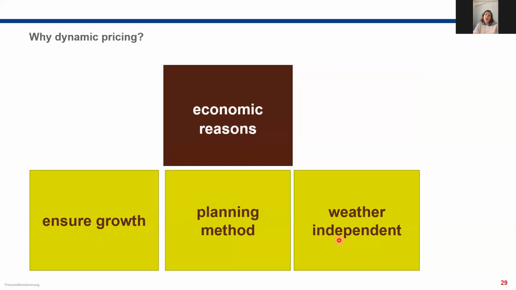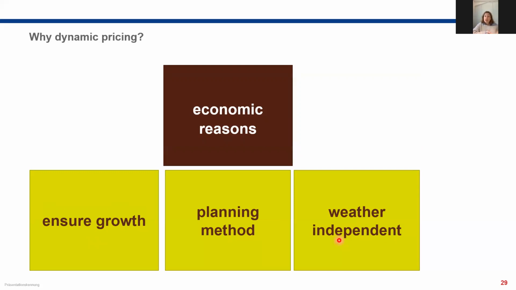When we started with the flexible prices, I already said that we were nearly packed 50 days per year. So we had to close down at 1 o'clock because we were fully booked. And this was the only idea to change the prices to ensure growth.